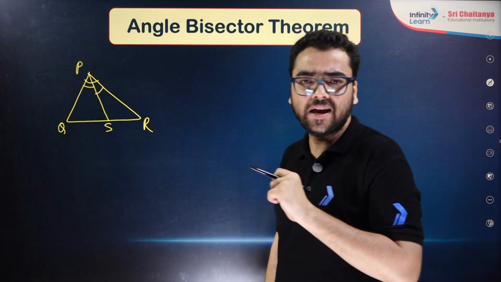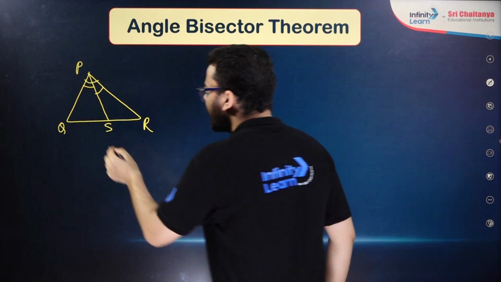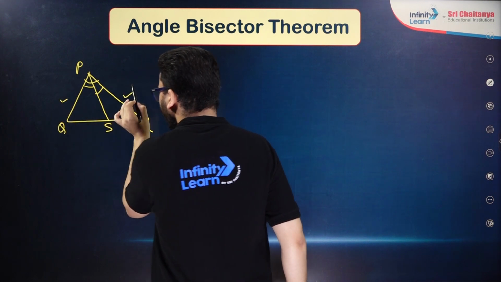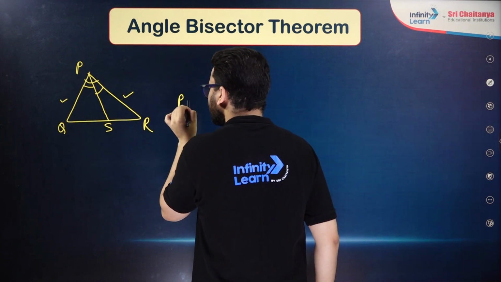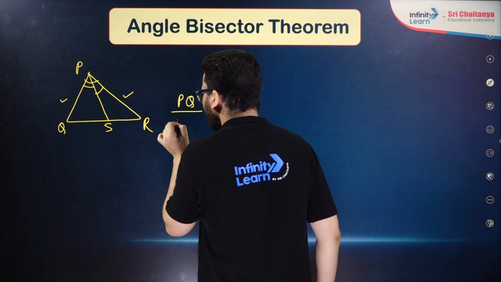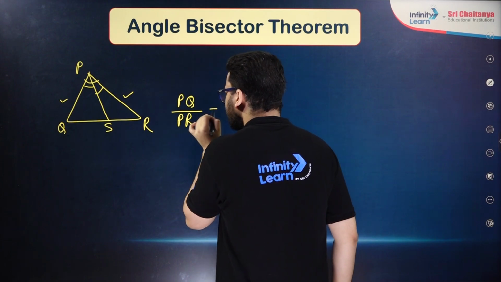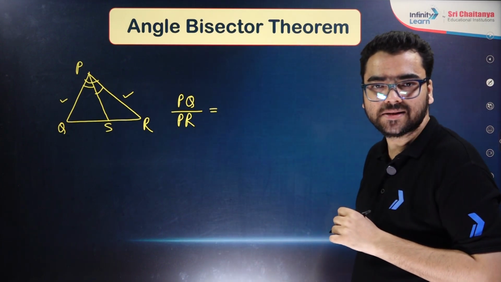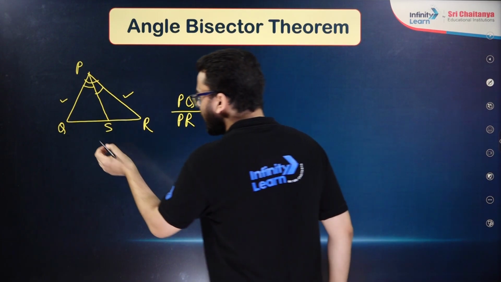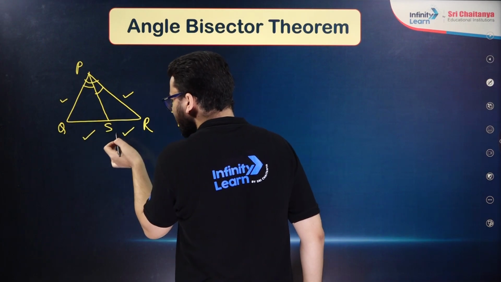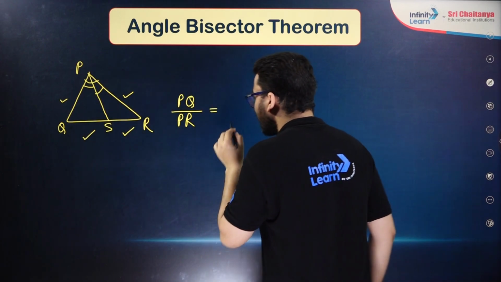Then as per the angle bisector theorem, the ratio of sides including the angle bisector, that is PQ upon PR, is equal to the ratio in which the opposite side is divided by the angle bisector.